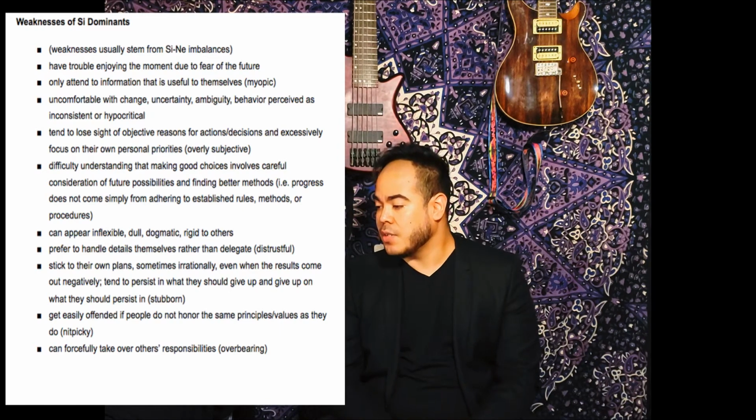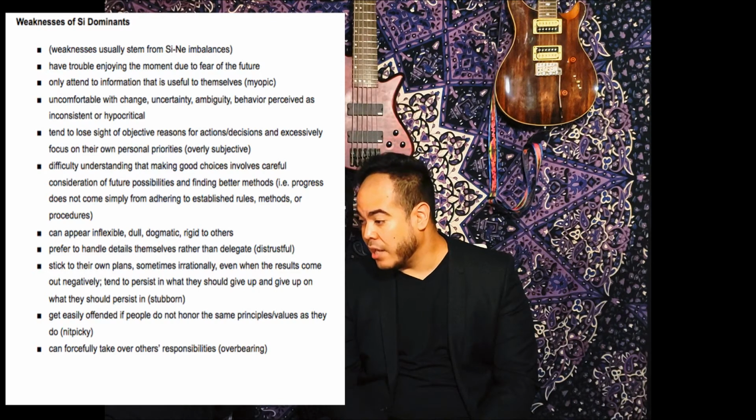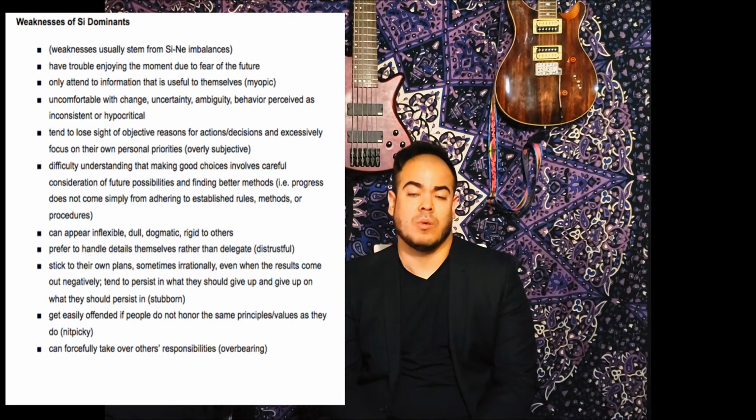Next point, stick to their own plan, sometimes irrationally, even when the results come out negatively. Tend to persist in what they should give up or what they should persist in. Stubborn. This goes along with what I was talking about earlier.